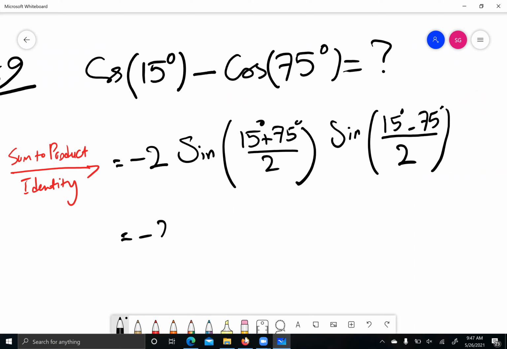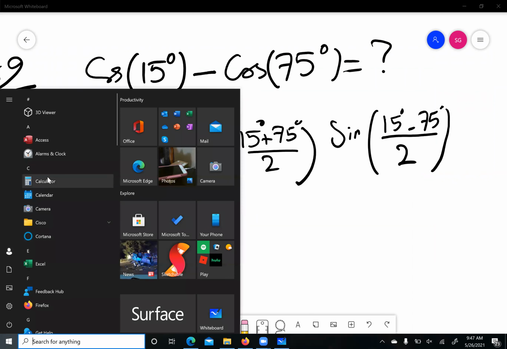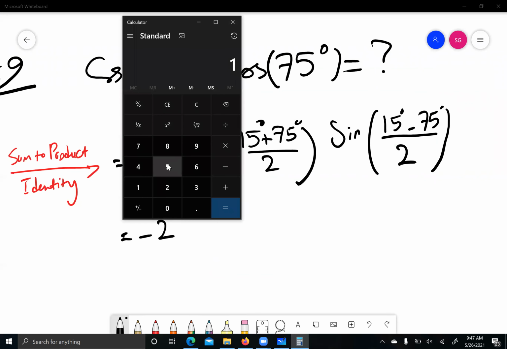So it's gonna be negative 2. Okay, look. What is the new angle? 15 plus 75 is 90. Divided by 2 is 45.